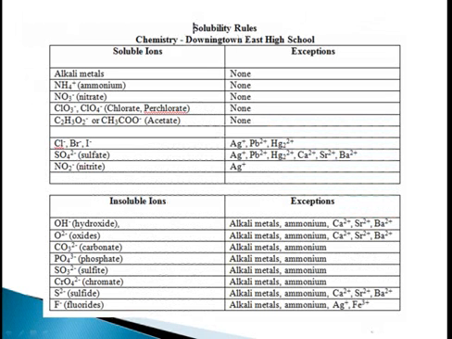In order to decide whether or not a reaction will occur, one of the things we've got to look at is whether or not we make a precipitate. A precipitate is a solid that's formed in a chemical reaction. If we have soluble compounds that are formed, they are not a precipitate.